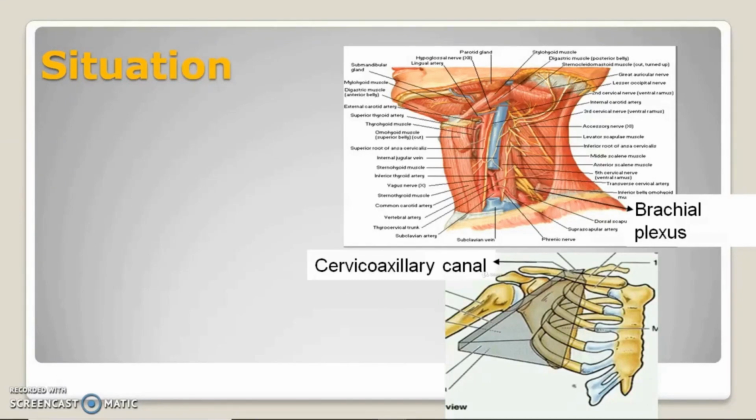Situation, first thing you have to remember, it is originating from the cervical region, from the cervical segment of the spinal cord. There we will have cervical nerves such as C5 to C8, along with one thoracic segment of the spinal cord giving the thoracic spinal nerve. So these 5 spinal nerves originate from the neck region.